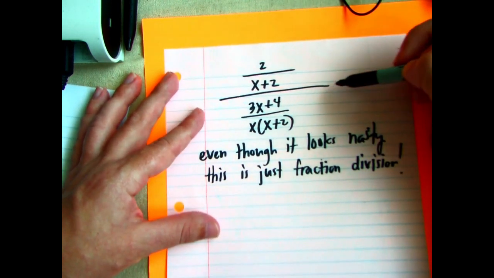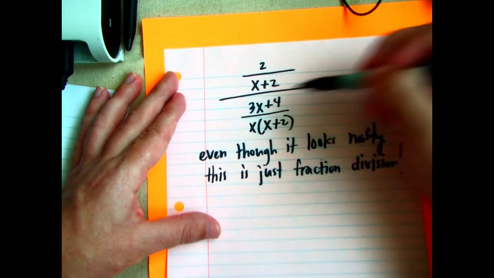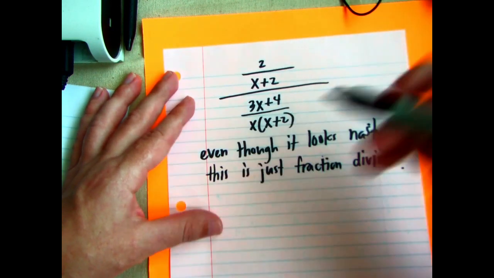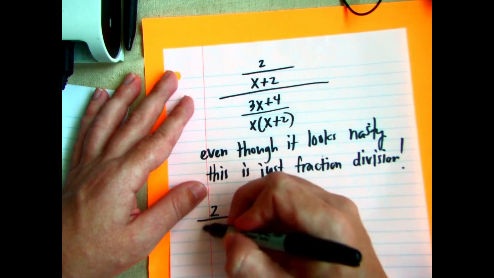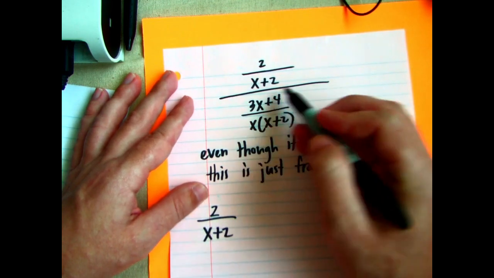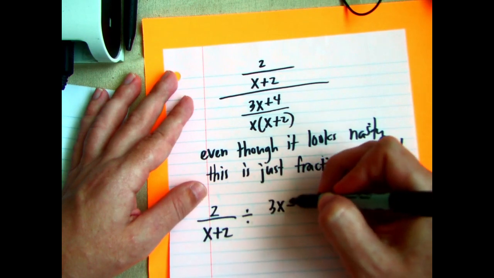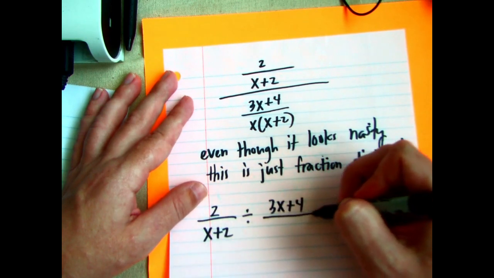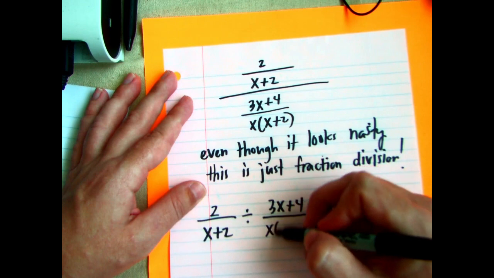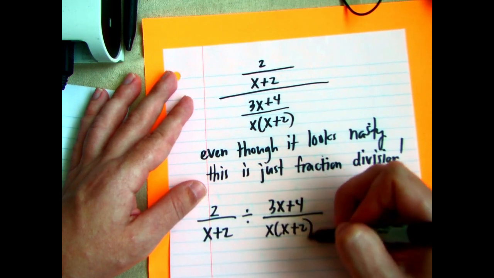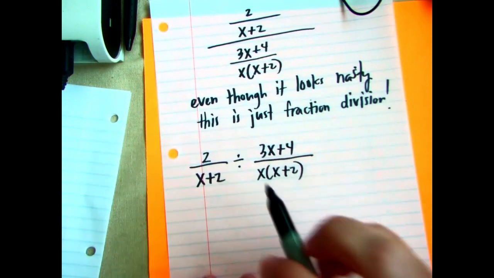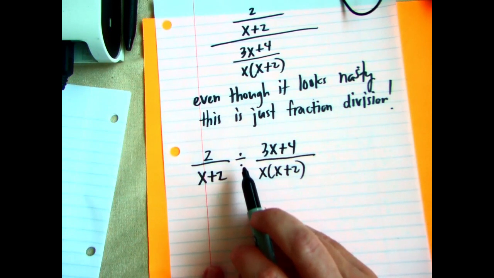So even though this looks nasty, it is just fraction division. That's all it is. So my first fraction is 2 over x plus 2. I'm going to divide by 3x plus 4 over x times x plus 2. So you should be able to recall that to divide fractions, we're going to multiply by the reciprocal.